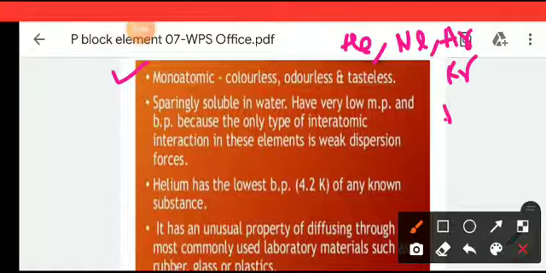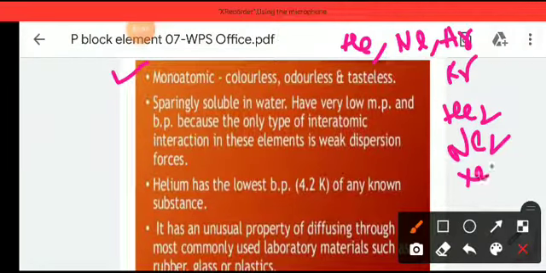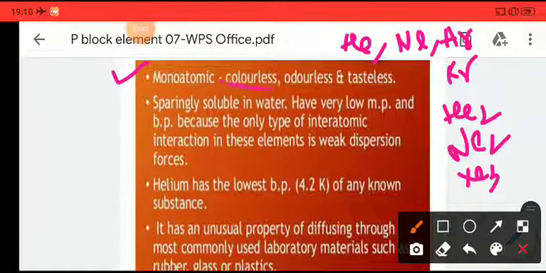So we cannot see He2 or Ne2 or Xe2 or Xe3, because they are monoatomic in nature. They are colorless, odorless and tasteless. We cannot taste them, we do not have any odor of those gases, and they are colorless as well. They are non-polar.